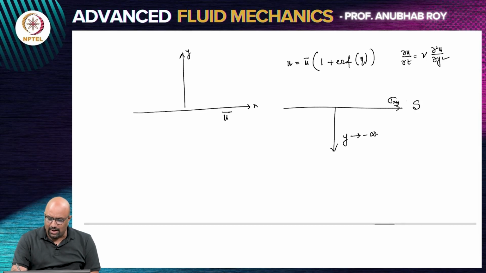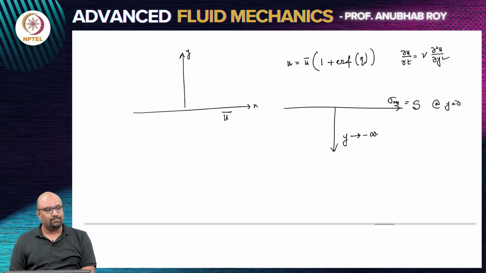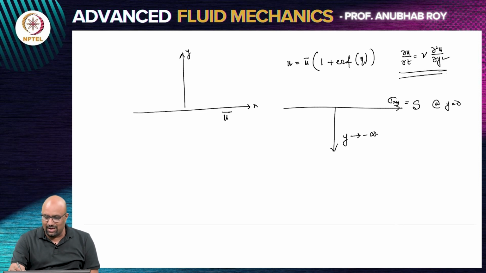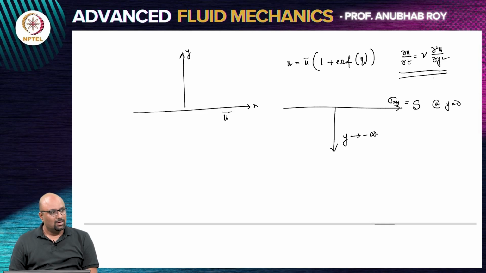Sigma xy is equal to S at y equals 0. So, you applied a constant shear stress at the top starting at time t equals 0. Now, if you see this equation, you can probably solve this equation, apply the boundary condition for the shear stress rather than the velocity and obtain the solution.